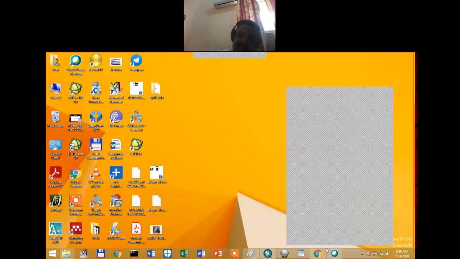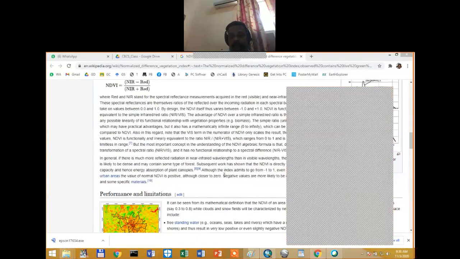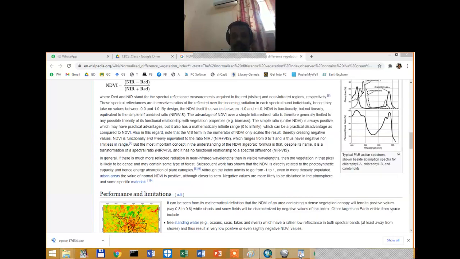Actually, index is a dimensionless number. So that means if you take a ratio, or if you calculate the reciprocal, or if you take a ratio to compare between two numbers, or between two values, then we can probably get our own indexes.